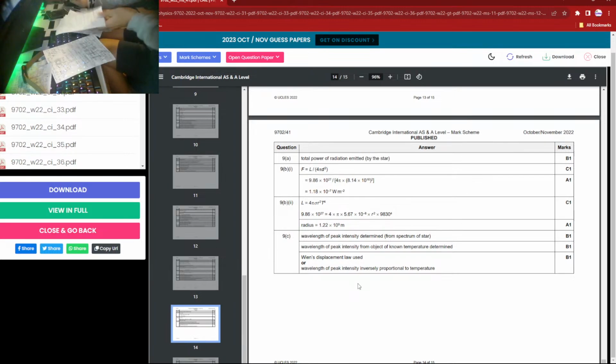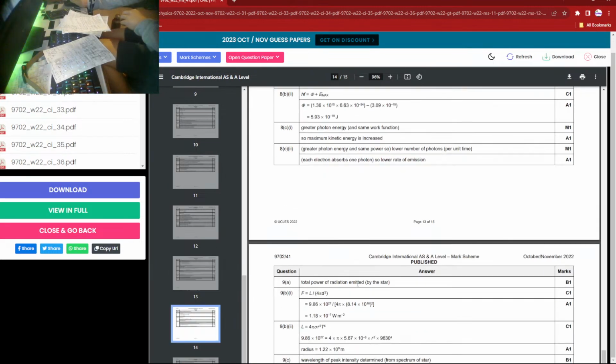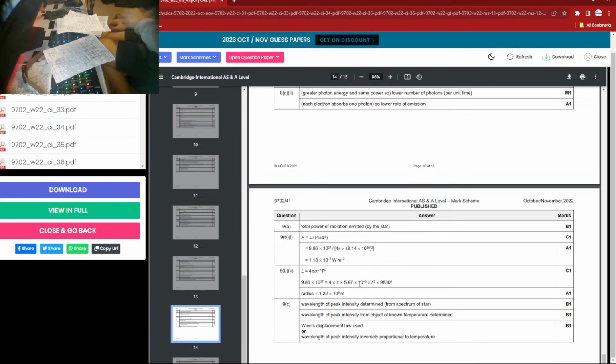Okay. Next paper, 9B2. Radius is 1.22 times 10 to the power of 9, so I got that one wrong. How did I get that one wrong? 9.86 times 10 to the power of 27 divided by 4 pi, 5.67 times 10 to the power of negative 8, divided by 98304.